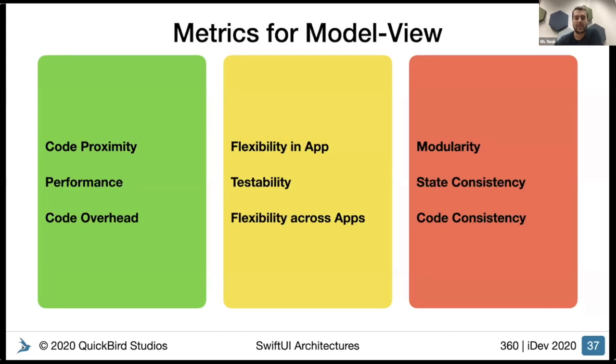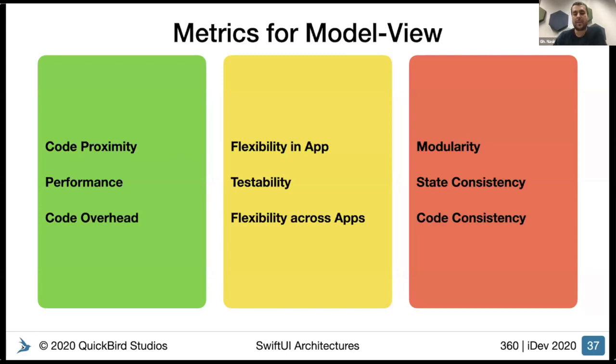Then flexibility across apps is also medium, because in your view you actually have dependencies to your model. For example, you specify the login service or the GitHub service, and that means that you cannot easily move that view to a different app without making sure that that service also exists there.